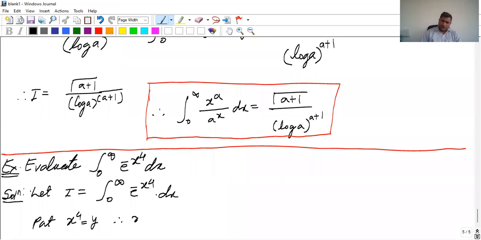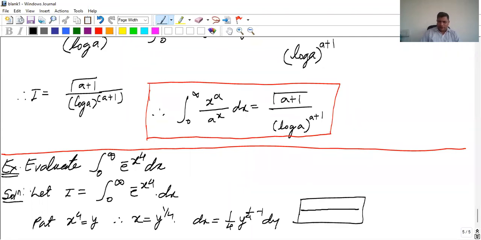So what will you get? x is equal to y raised to 1 by 4. So dx is equal to 1 by 4 y raised to 1 by 4 minus 1 dy. Is that okay? Are you getting this? Yes, sir. Okay, so think of the limits. x is running from 0 to infinity, so y will also be running from 0 to infinity.